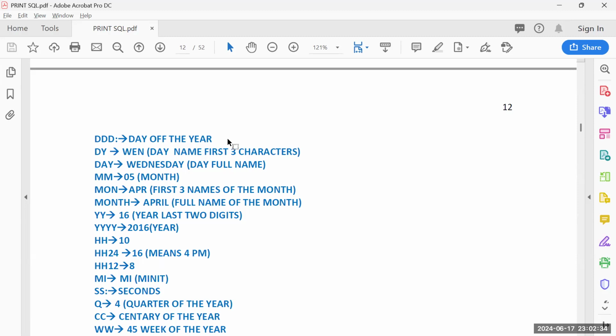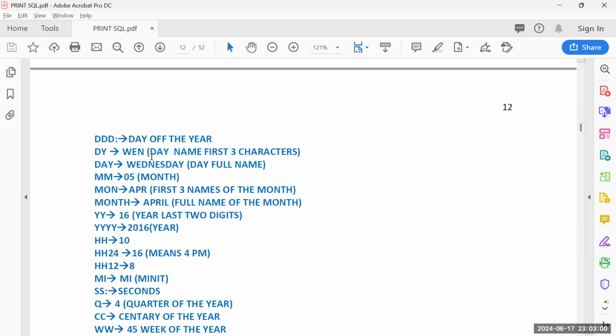Remember like that. In the same way, DY means the short form of the day name, like WED for Wednesday, SUN for Sunday, MON for Monday. If you give DAY, it gives the full name of that day: Wednesday, Saturday, Sunday.